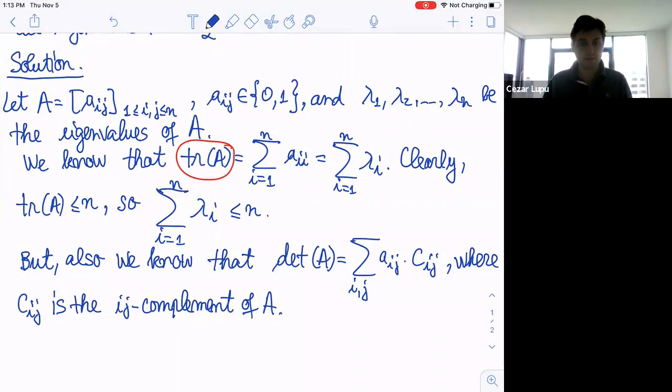Well, not all of them can be 0, but you can say that the determinant of A is greater or equal than 0.